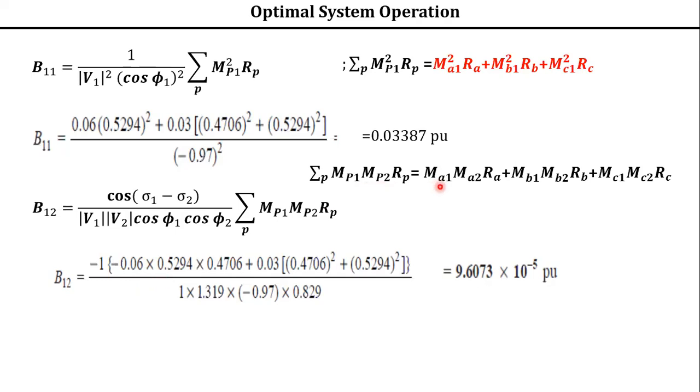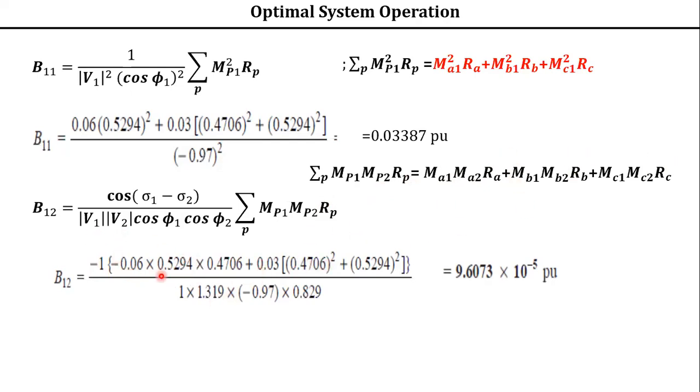Now you see MA1 has a negative sign, so I am taking that: minus 0.5294 is MA1, MA2 is 0.4706, and RA is 0.06. Substitute these values and put them here.